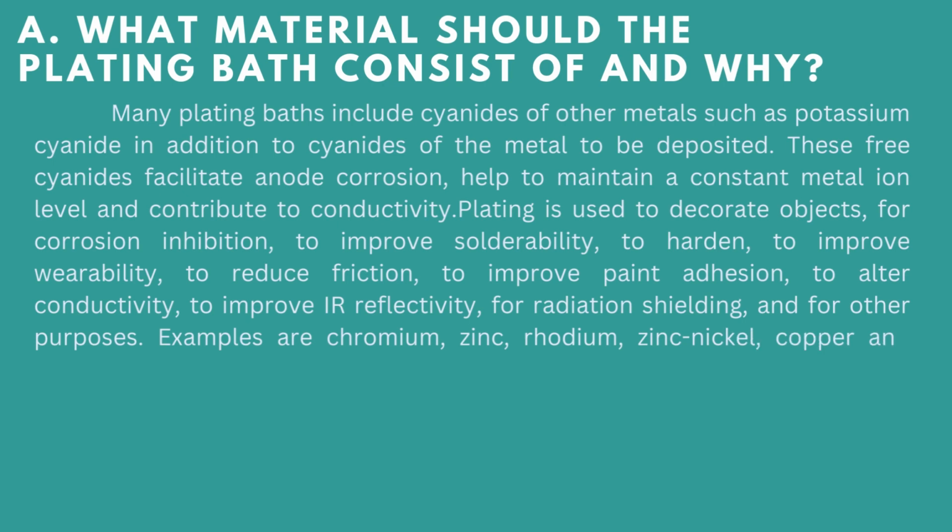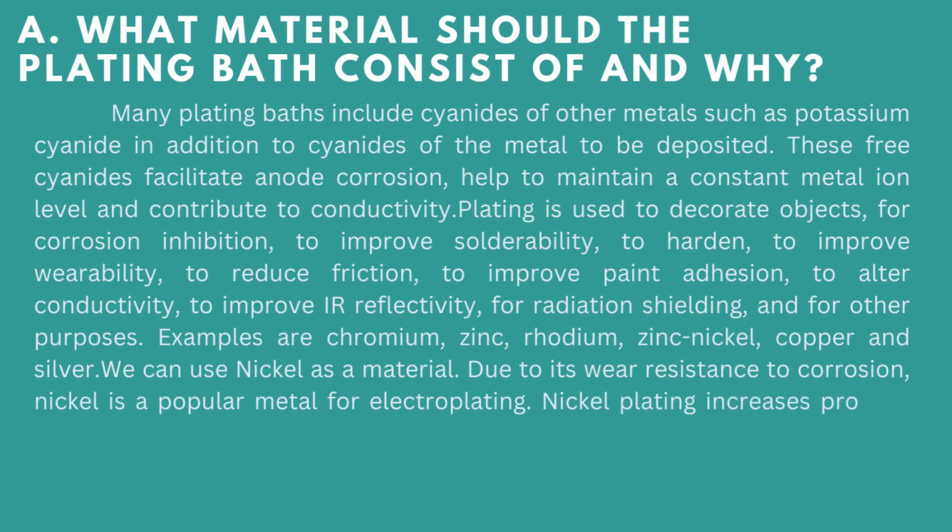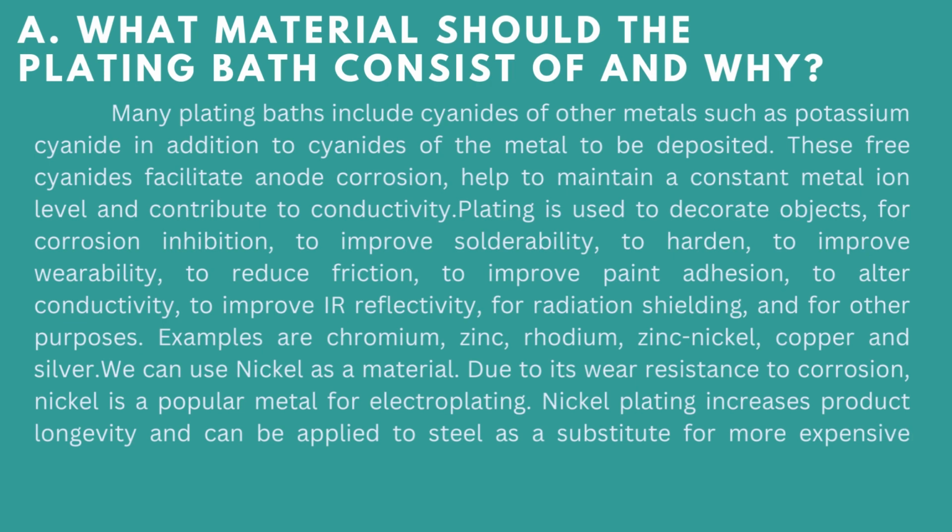Examples: chromium, zinc, rhodium, nickel, copper, and silver. We can use nickel as the material due to its wear and corrosion resistance. Nickel is a popular metal for electroplating. Nickel plating increases product longevity and can be applied to steel as a substitute for more expensive stainless steel.